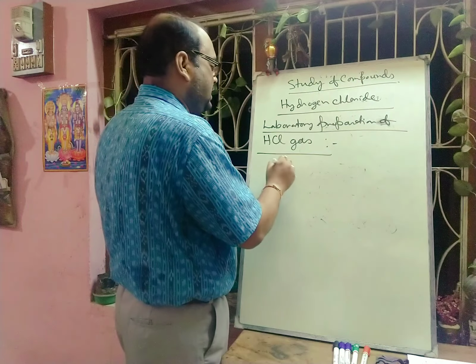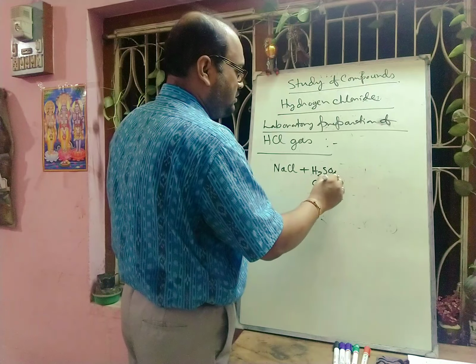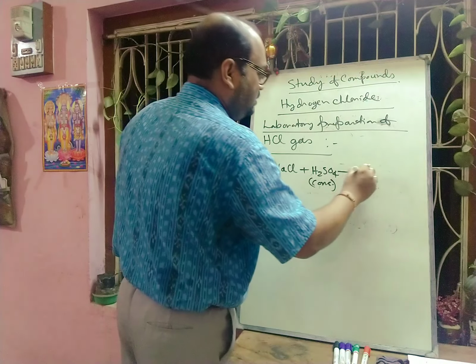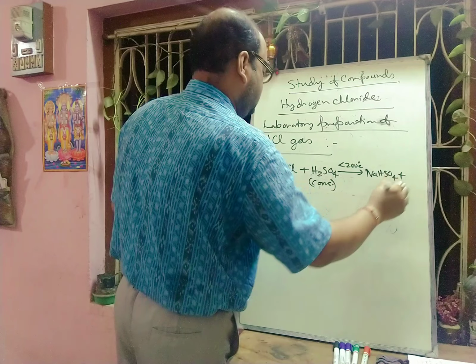That is NaCl reacting with concentrated sulfuric acid. Here you have to write concentrated. Then at less than 200 degrees centigrade, it will produce NaHSO4 plus HCl.